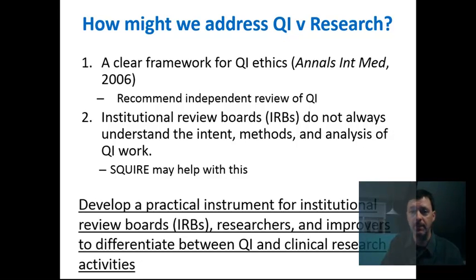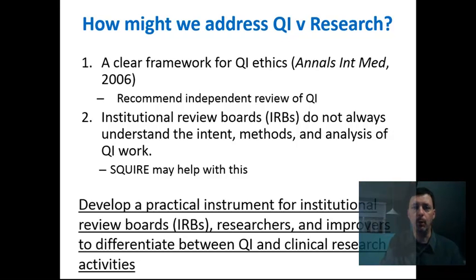We had face-to-face and asynchronous meetings together, and what we developed eventually was an instrument that we then used prospectively with submissions to the institutional review board at Dartmouth.